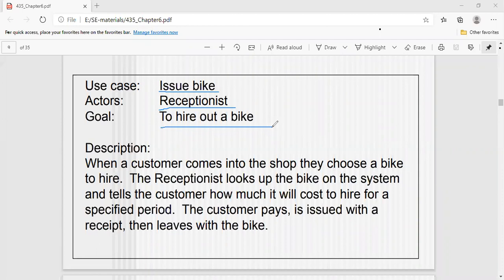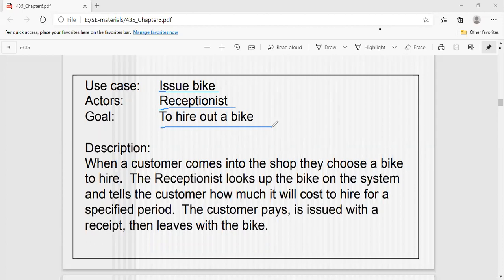Till now we have discussed the process. The receptionist showed the bikes to a customer, and based on his interest, she will note that number and tell him the amount of that particular bike. Based on that amount, she'll take maybe an advance, or sometimes full payment also.